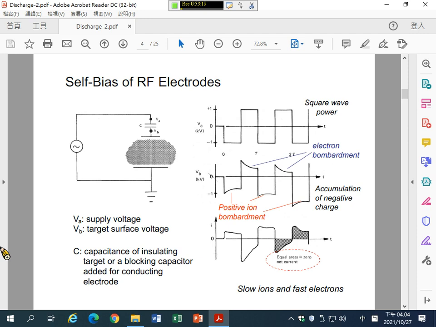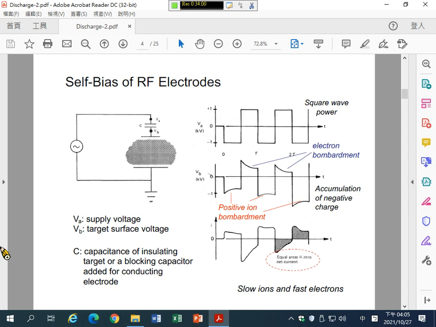In this case, V sub B shows the voltage, or the potential, of the top electrode. Between VA and VB here is a capacitor, the blocking capacitor. So the second curve here shows the transient VB, the potential on the electrode surface after we place the blocking capacitor. At time zero here, the plasma is generated.